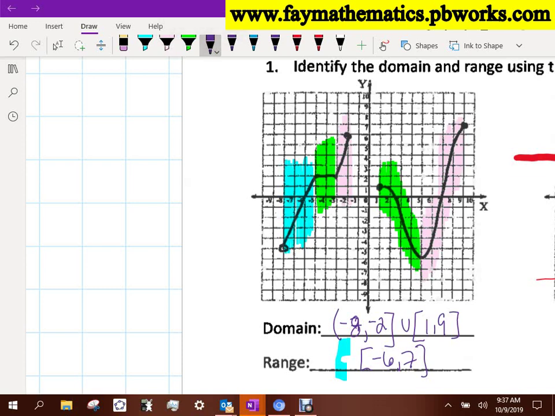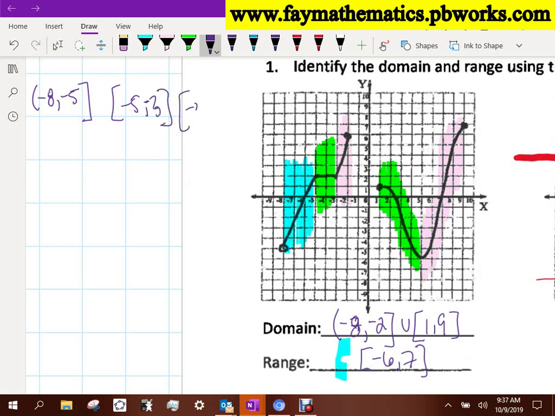So what they did in identifying the domain is that they went and identified these intervals of different behavior. They said, well, from -8 up to -5, we were using those x values. But then from -5 to -3, it was doing something different.